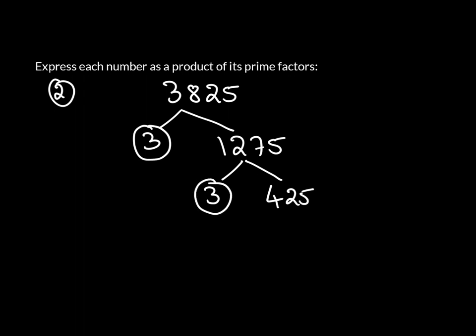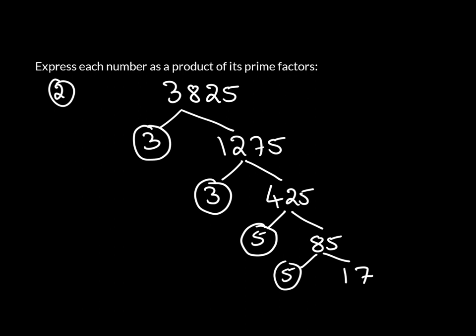And 425 is 5 times 85, and 5 is a prime factor. And 85 is 5 times 17, and 5 is a prime factor and 17 is a prime factor.